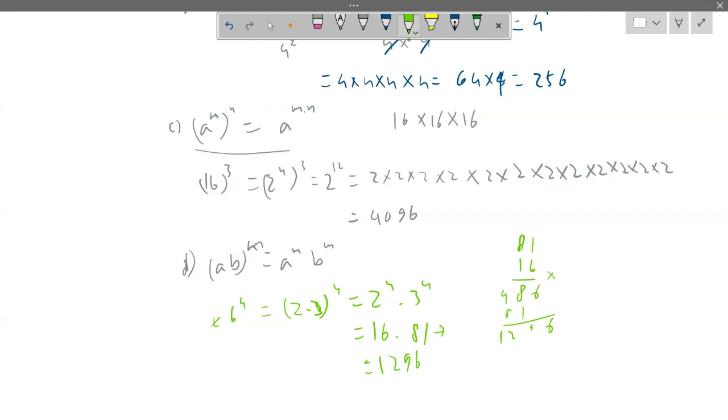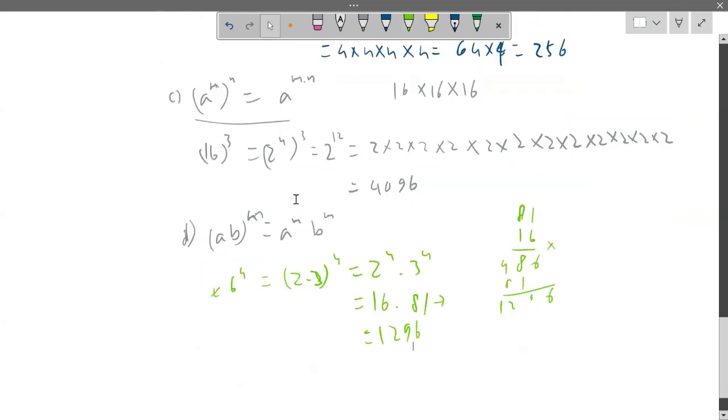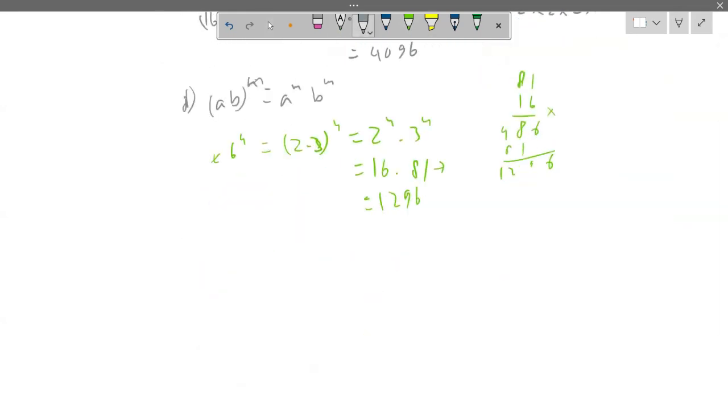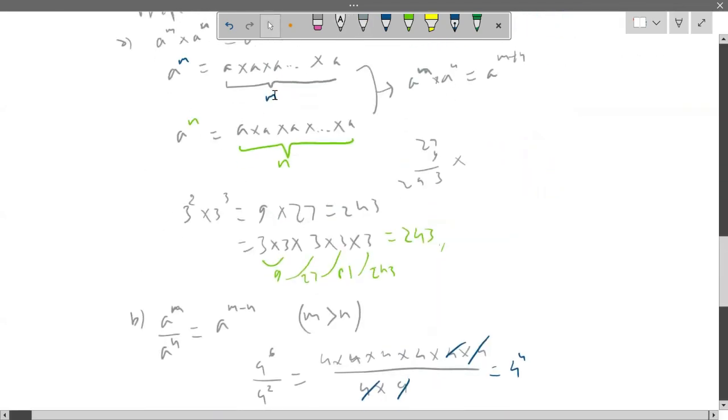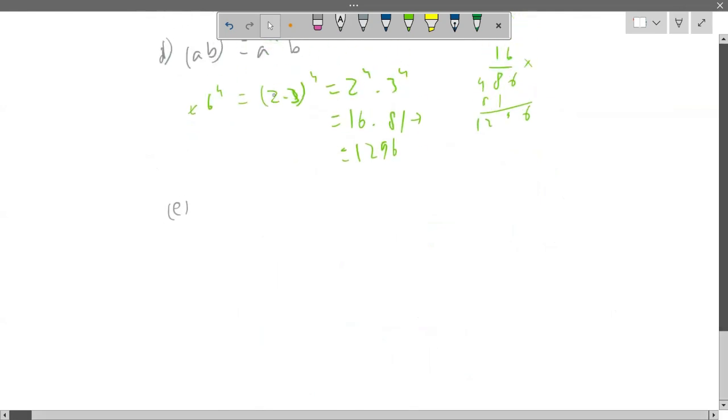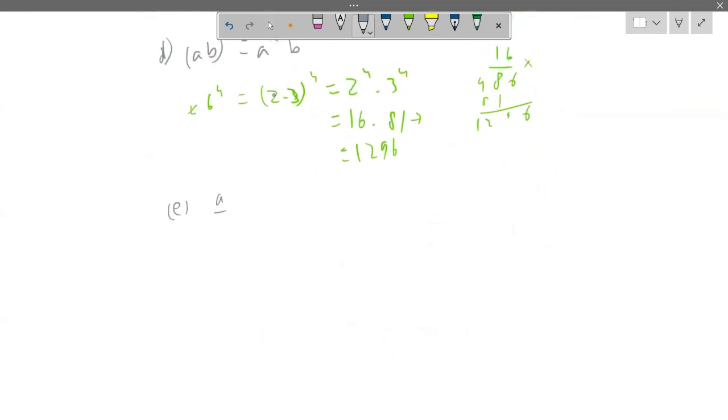Those are the four main properties of exponents. Another one is somewhat similar to perhaps a combination of D and A, but this time when the base is a ratio of two numbers. Here in this case, we just say that this is a ratio of each of the exponents.